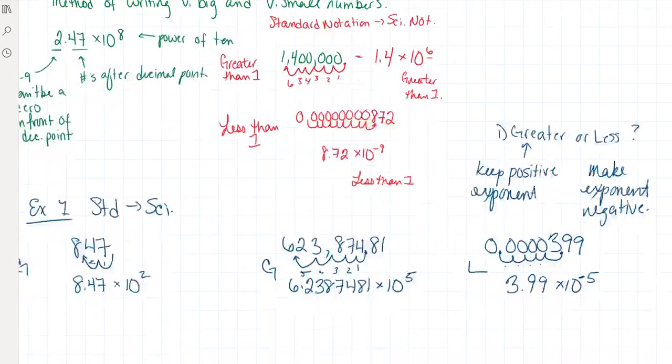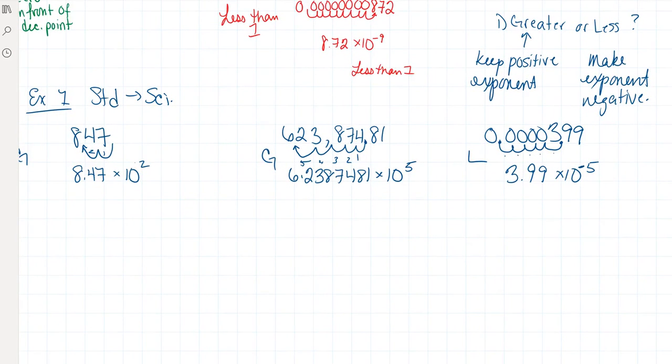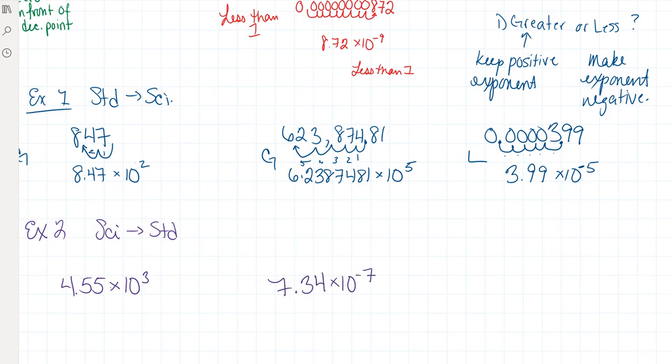If I'm going from scientific notation to standard notation, what I'm going to do is look at 4.555 times 10 to the 3rd as our first example, and we'll take a look at a negative example, or a negative exponent, here.